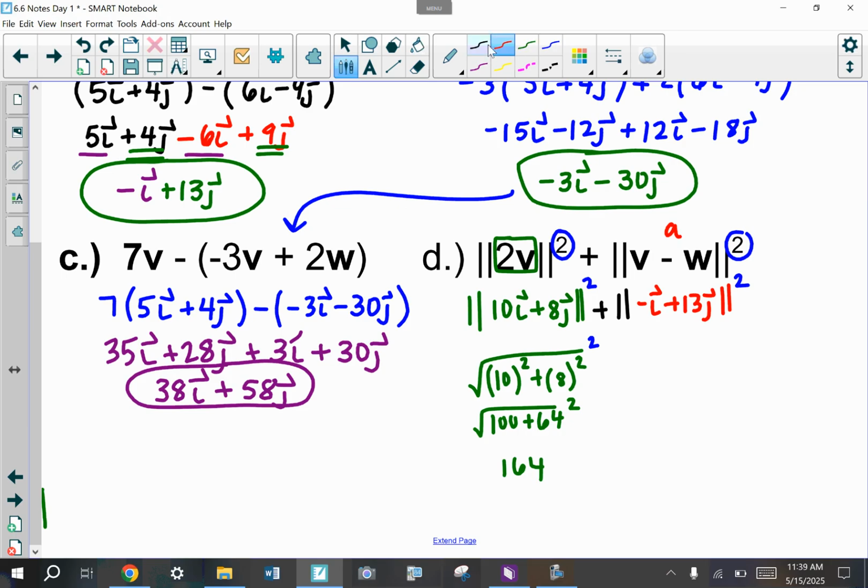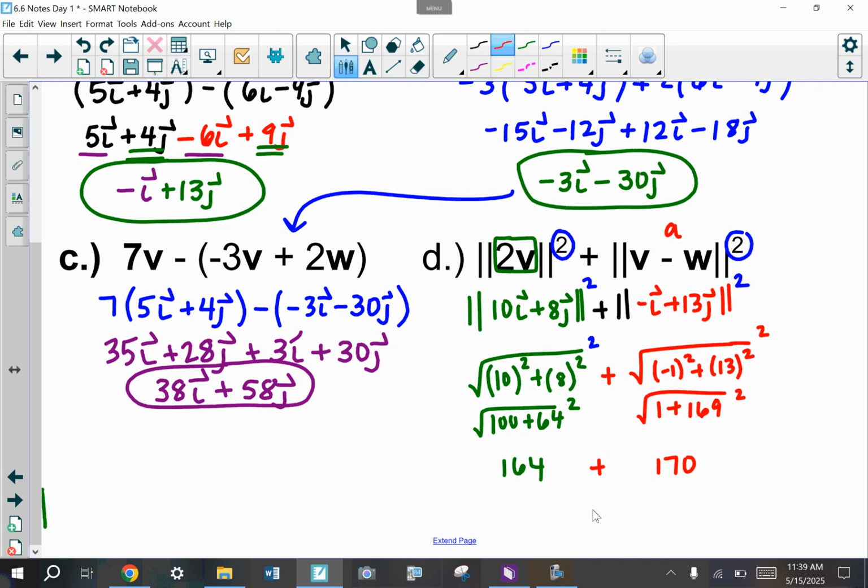Try it for negative i plus 13j. Make sure you can square negative numbers correctly. That sometimes causes issues, especially if we're using our calculator. When you square a negative number, it should become positive. So we should be getting the square root of 170 squared.